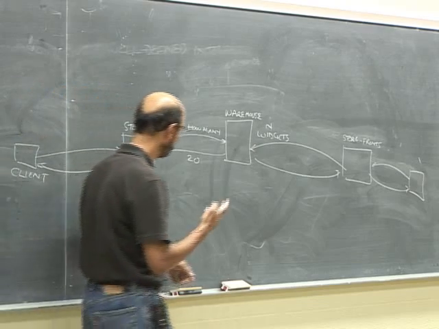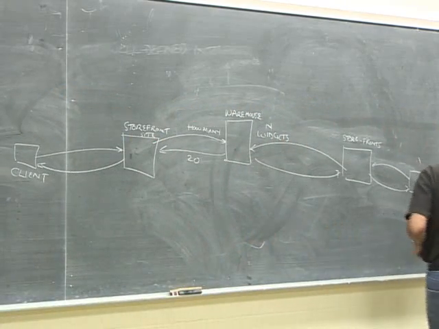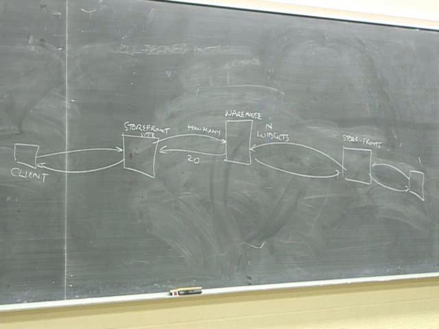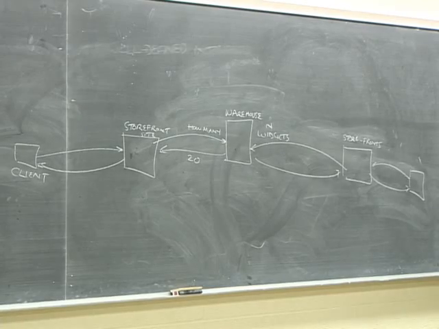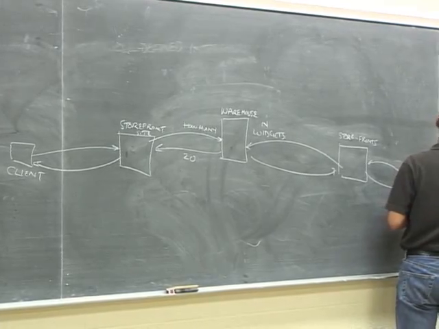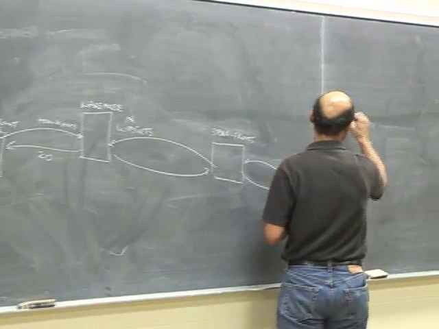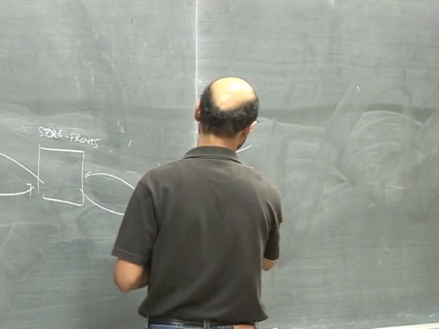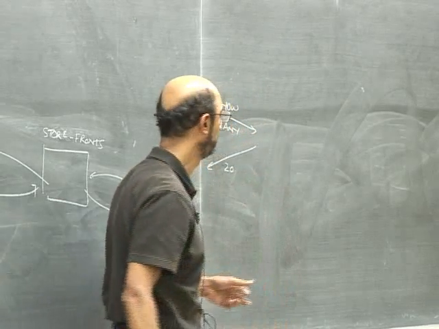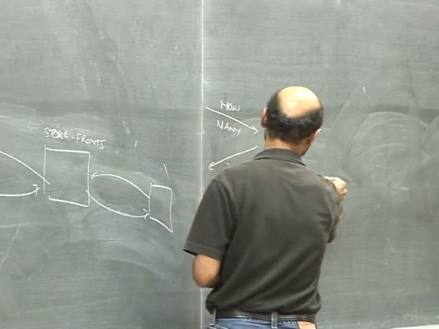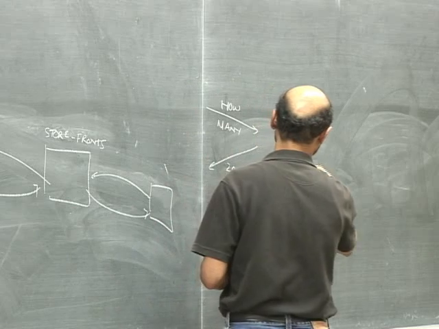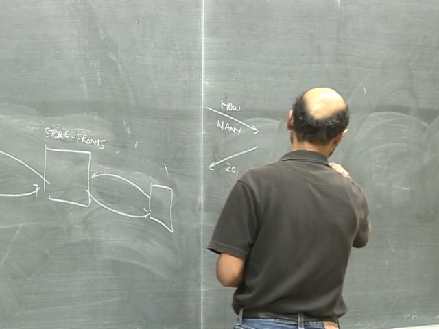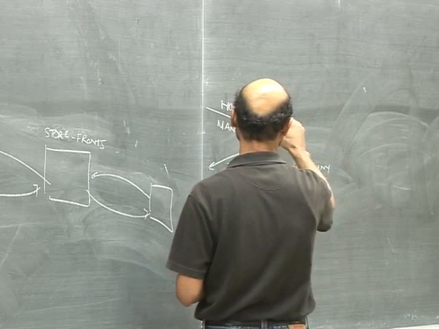So let's think about that for a moment by drawing this timeline of how things would happen. The request comes in, you say how many, and that's from the first one, and you reply back 20. Now the second request comes in from here saying how many, and let's say you had n over here.